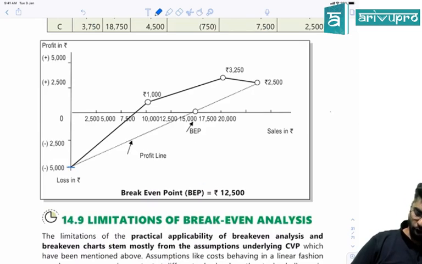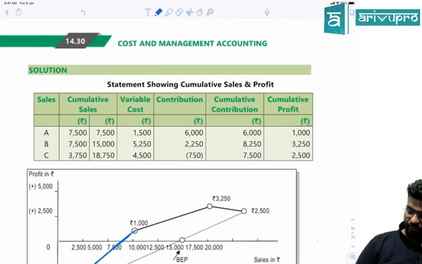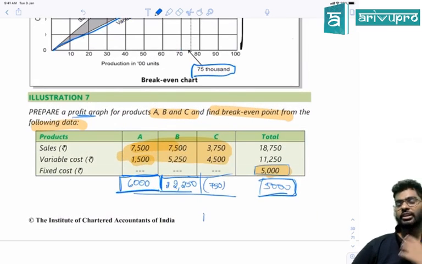When I produced product A, from 5, I ended up making 6,000 rupees. So that means I am making my profit in the first unit only. Yes or no? See here, 5 is the fixed cost, 6 is the contribution. I am already making my profit here. Yes or no?